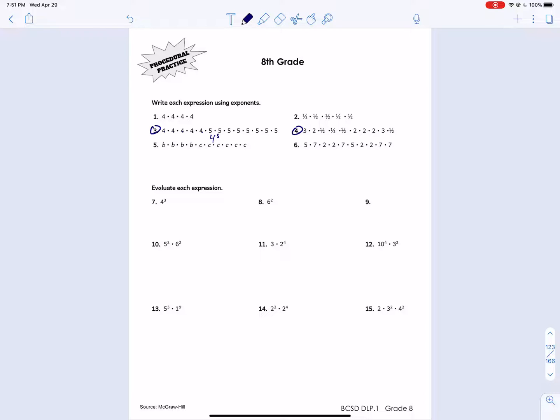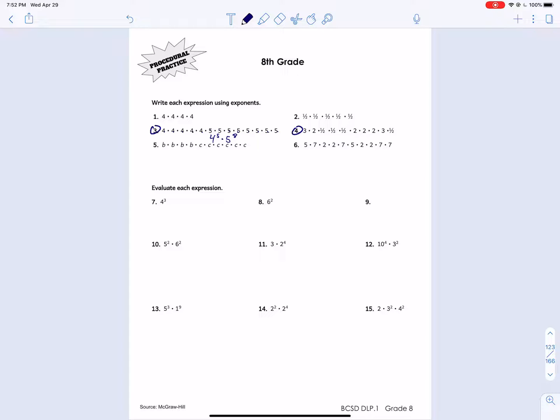So I'm just counting how many 4s there are. Times 5 to the 1, 2, 3, 4, 5, 6, 7, 8th power. So we're just counting up how many of those that we're multiplying together. So there's 5 4s that we're multiplying together. So it's 4 to the 5th. And then there's 8 5s. So it'd be 5 to the 8th.